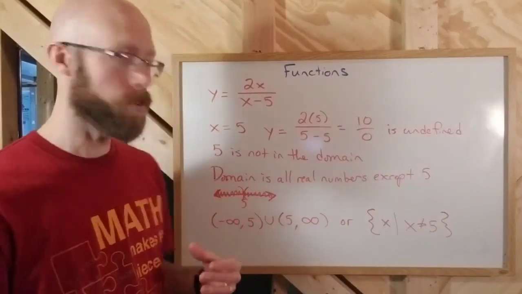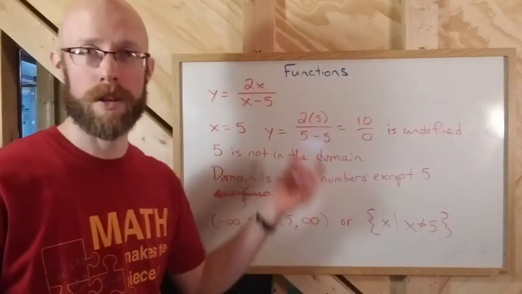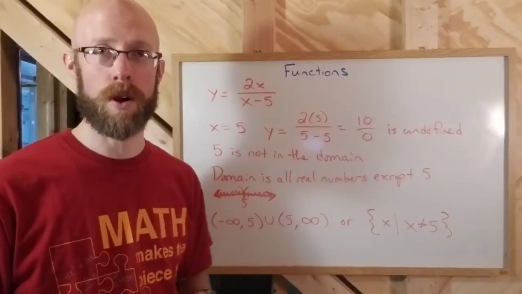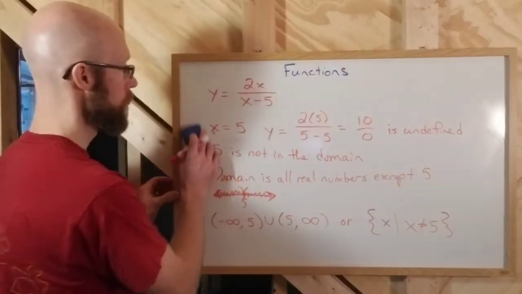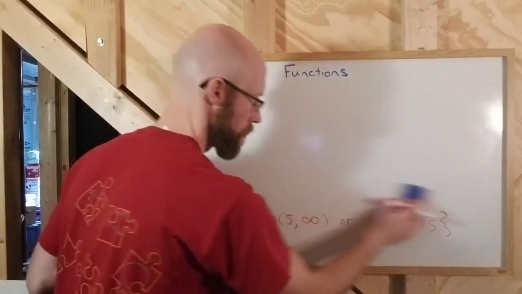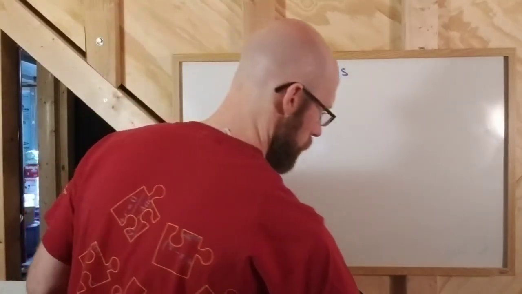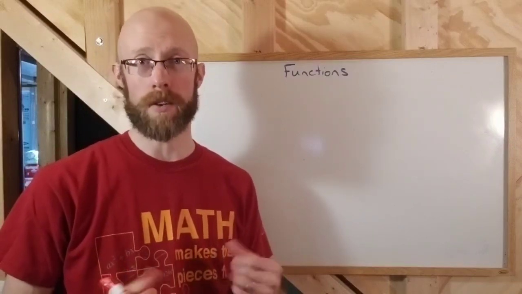There are many other types of functions that have problems, right? It doesn't have to just be a 0 in the denominator, although that's a very important and common one. You may also see square roots. Hopefully you guys know that taking the square root of a negative number results in an imaginary number, right?